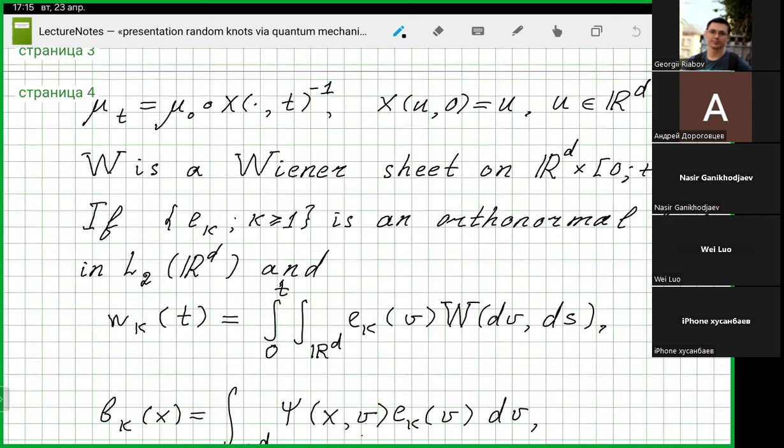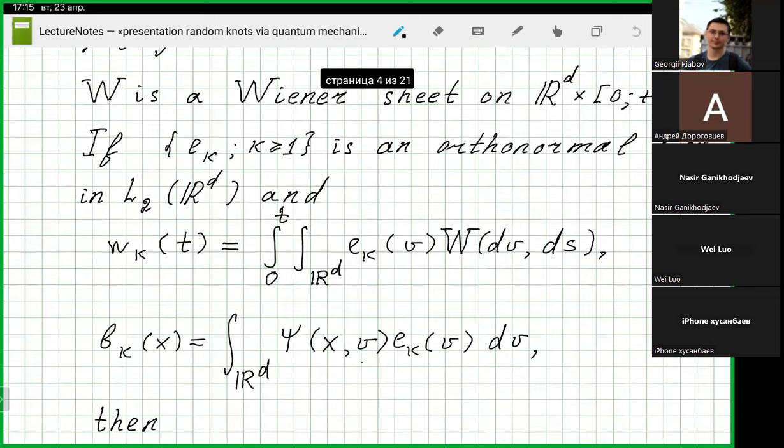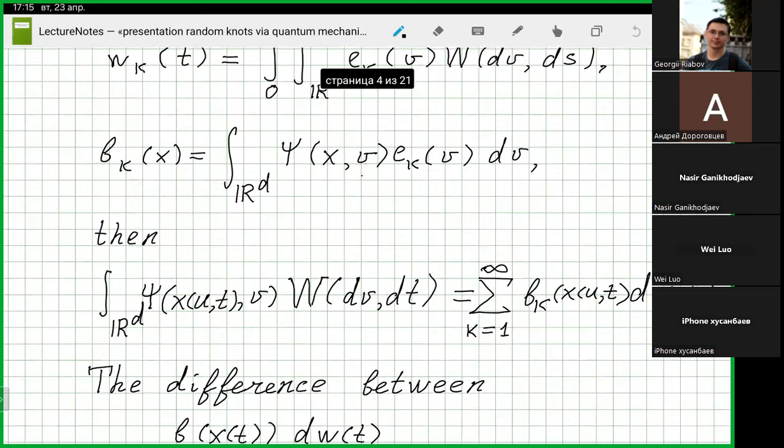If e_k is an orthonormal basis in L2(R^d), and we define w_k(t) as such an integral from capital W, then one can define the coefficient decay, and finally, this term with capital W occurs to be just an infinite sum of usual stochastic differentials of Wiener processes. Moreover, these Wiener processes occur to be independent.